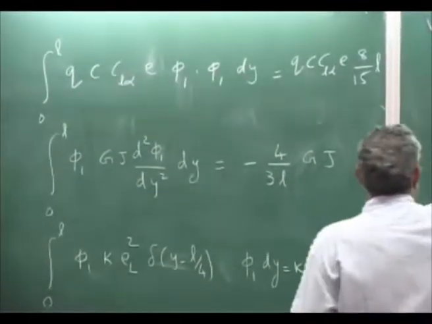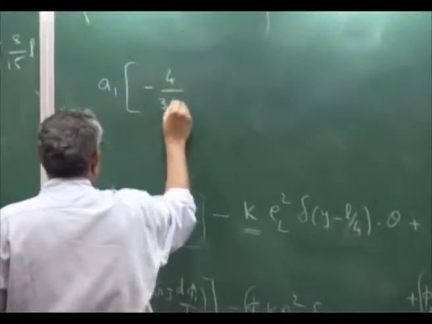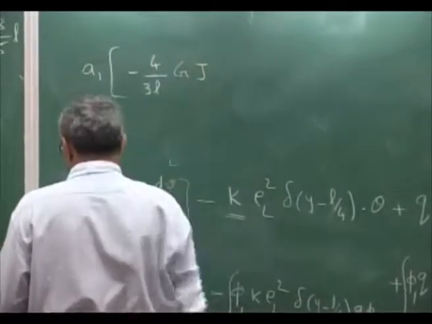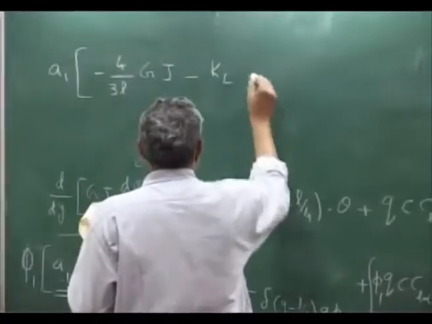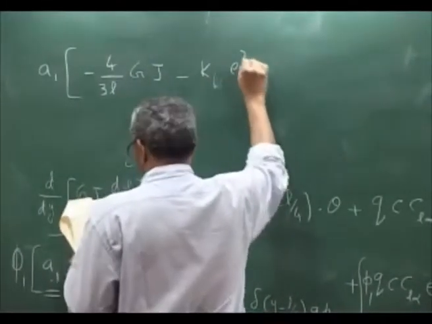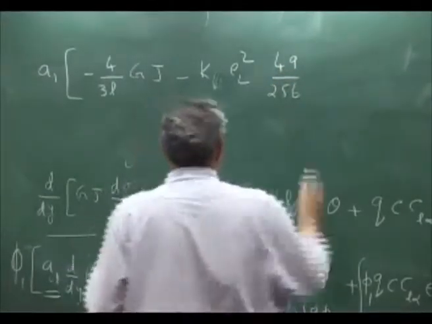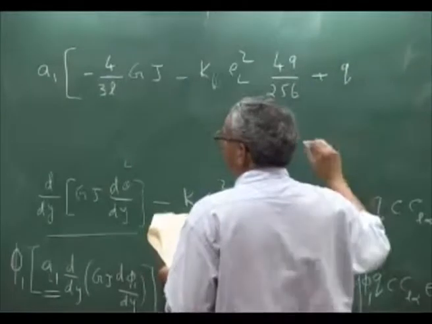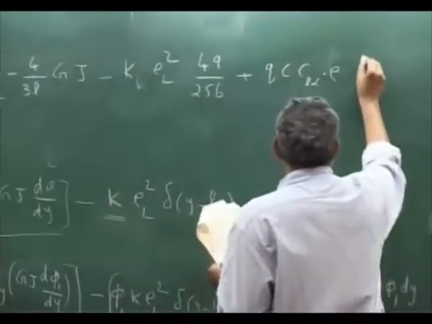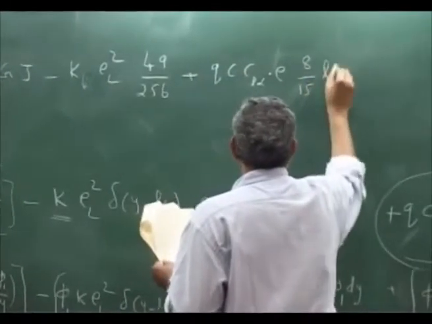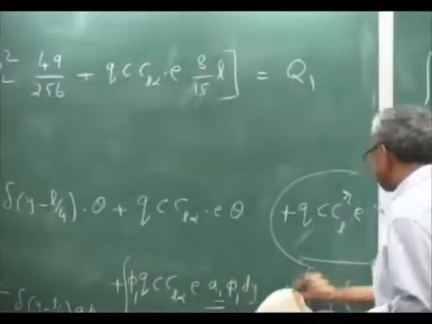After it will be A1 times minus 4 over 3L Gj minus KEL square 49 over 256 plus Q C Cl alpha times E 8 over 15 L. This is equal to some Q1, that integral is this integral.